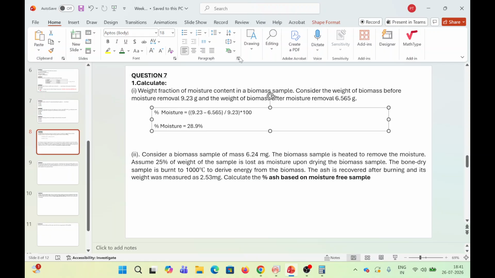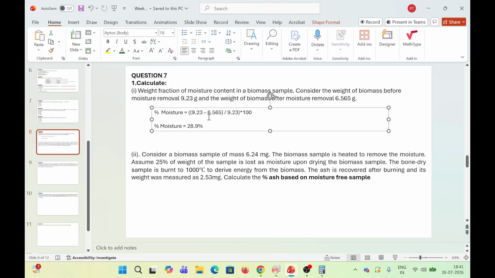But however, what happens if I ask to calculate the weight fraction of the moisture content in the moisture free biomass sample? Then in that case, the denominator will not be 9.23, it will be 6.565.